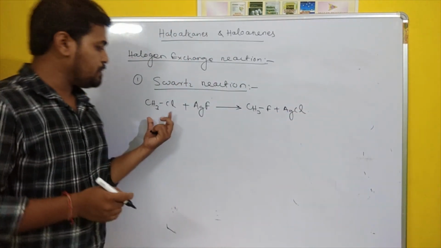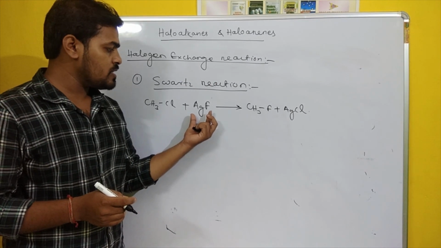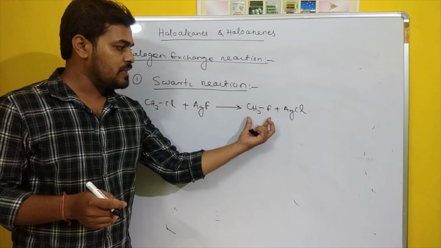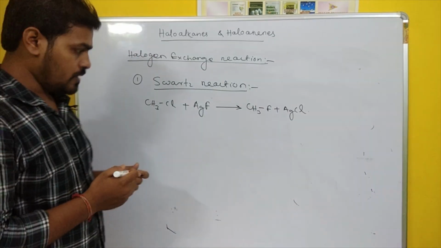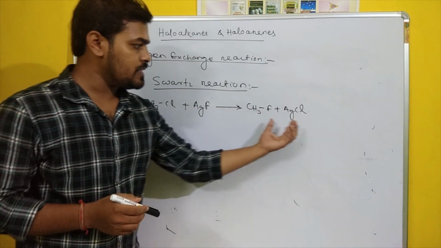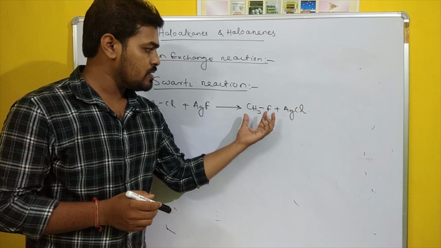So basically, when methyl chloride reacts with silver fluoride, it gives methyl fluoride plus silver chloride. In this reaction, the silver chloride is precipitated and methyl fluoride is obtained.